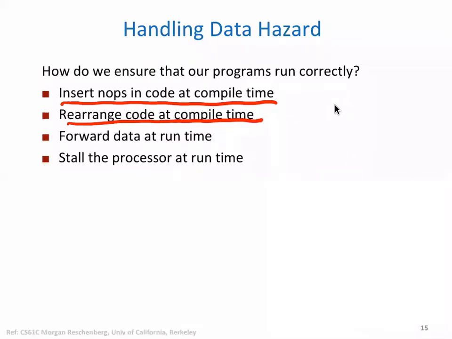Okay, third is forwarding data at runtime. We'll see how, rather than waiting till the fifth stage for data to be available, if the data is available from the ALU at least 2 cycles before, because it's available and then there's a memory cycle and then a write back cycle, can we use that data? Okay, and if nothing works, then we have to stall the processor at runtime.